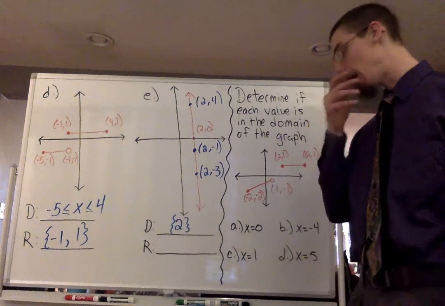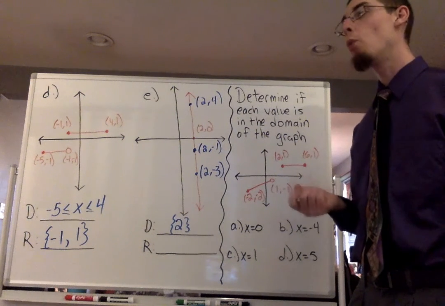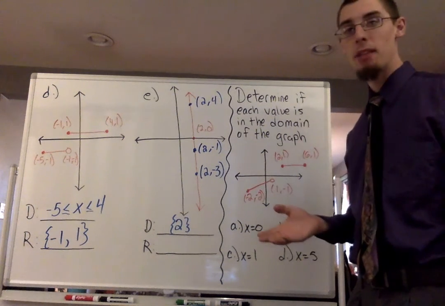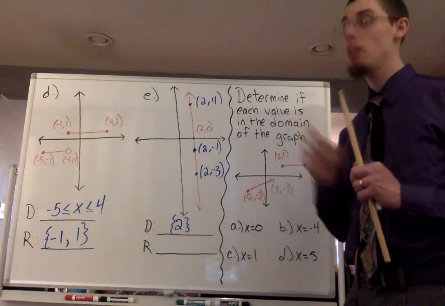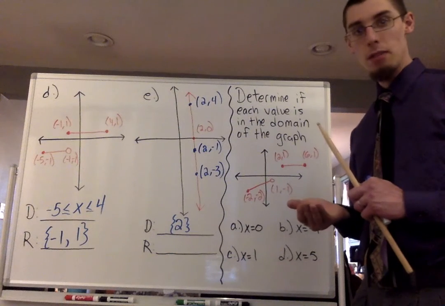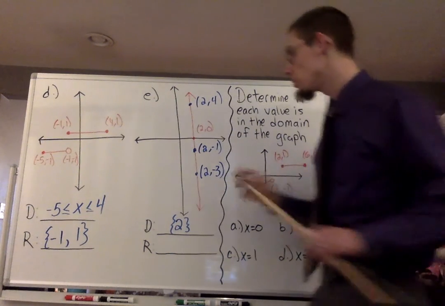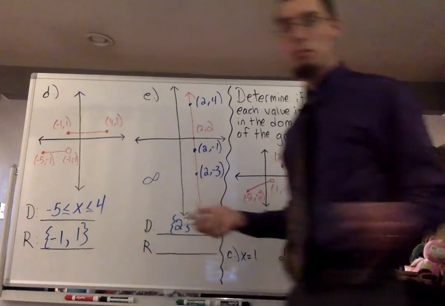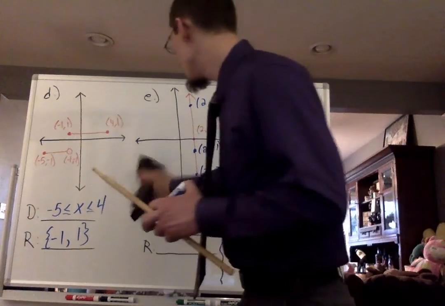So how do I represent everything? Well, there's a certain symbol in math that represents everything, and that symbol is infinity. The infinity symbol looks like this, kind of like a sideways 8, right?